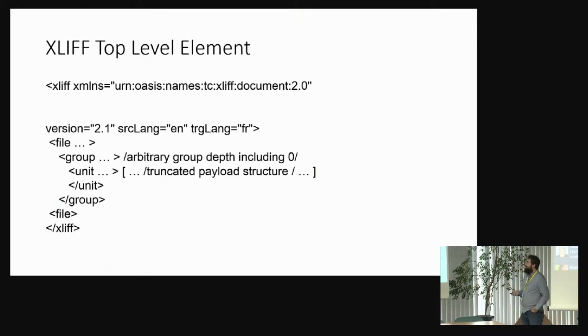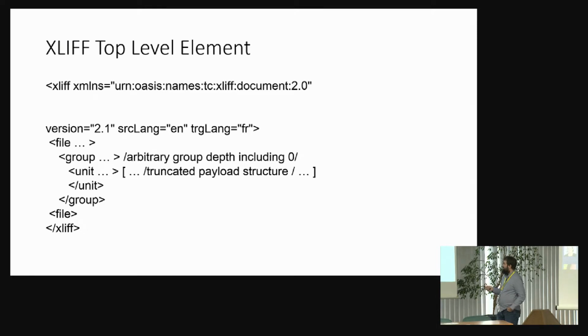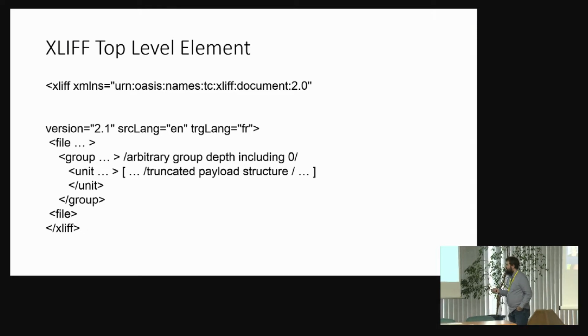There is the core namespace declared, and the version 2.1 is the current version, and the required attribute source language, and the target language attribute is only required if targets are present. And then there is an arbitrary group structure.